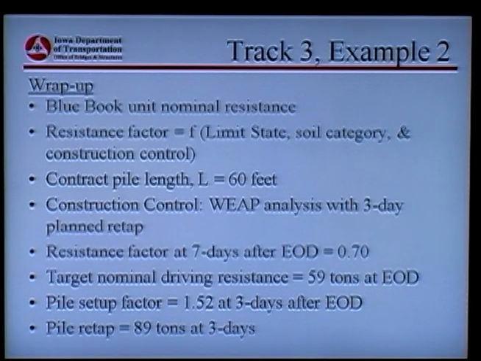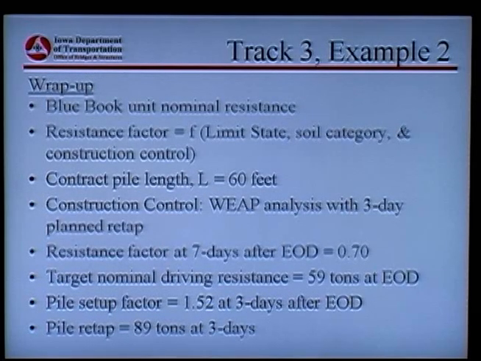Right? So let me summarize the outcome of Example 2. Again, to remind you, the nominal resistance is from the Blue Book, and resistance factors depend on soil type and construction control. In this example, the contract pile length is 60 feet. Construction control with a 3-day planned retap. Resistance factor is 0.7.